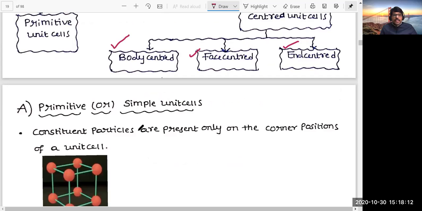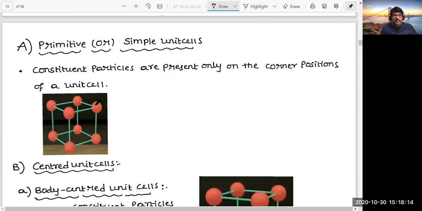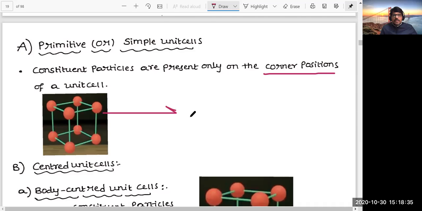If the particles are present only at the corners, that's it, no other place. Whatever constituent particle you are taking, it may be an atom, molecule, ion, metal kernel, whatever it may be. If particles are present only at the corners, then it is called which unit cell?